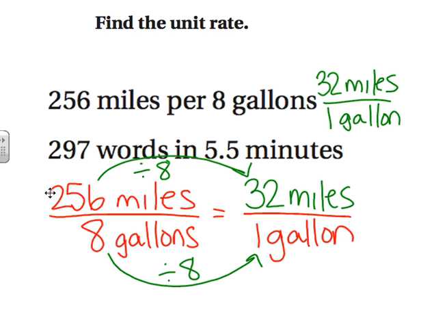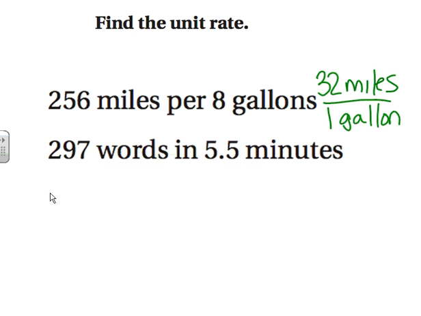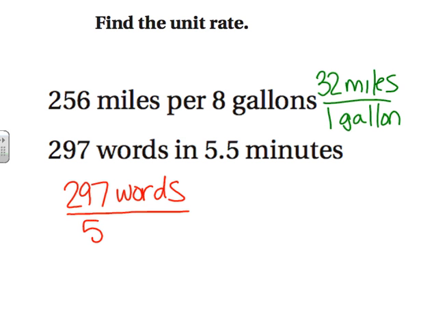Okay, the second example, 297 words in 5.5 minutes. So let's set this up, 297 words in 5.5 minutes. So this might be a rate of how long it takes you to type a paper. Okay, we're going to look at how many words we can type in 1 minute.